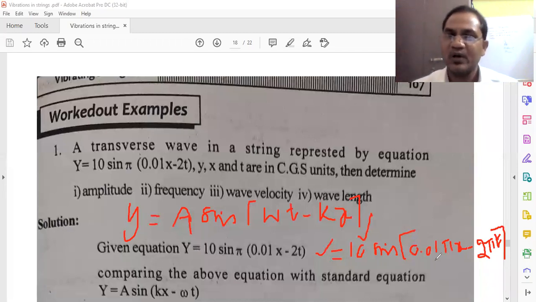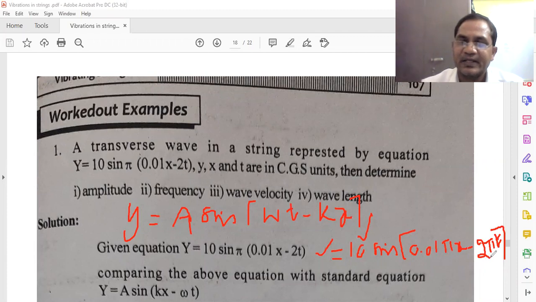That is the propagation constant. Next, instead of omega t, here we have 2 pi t, so omega equal to 2 pi. We can write omega t minus kx or kx minus omega t, no problem. So amplitude A equal to 10 centimeters.